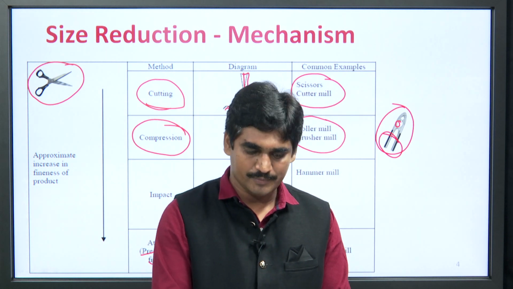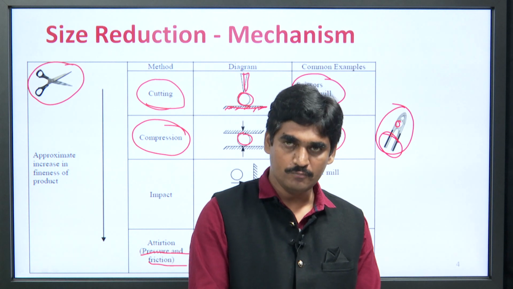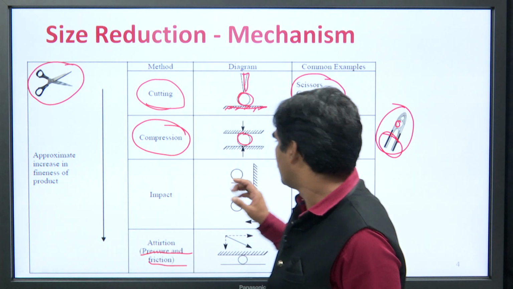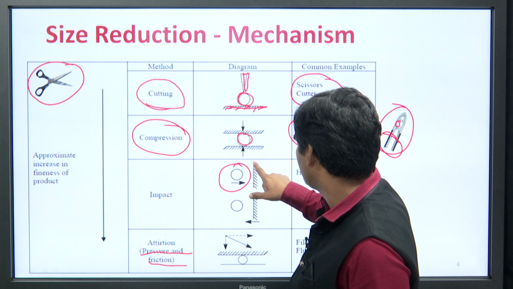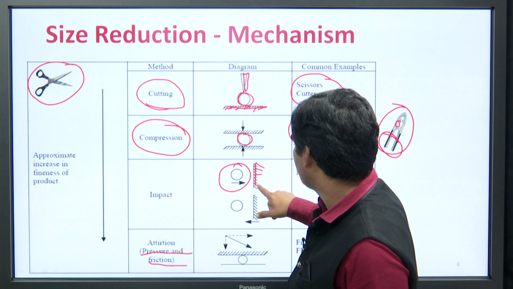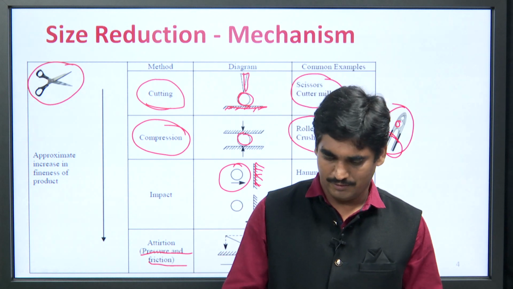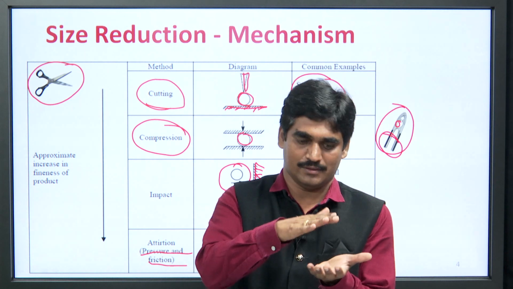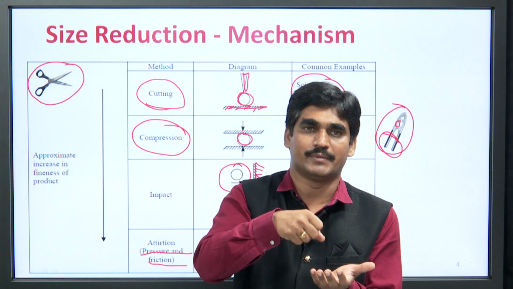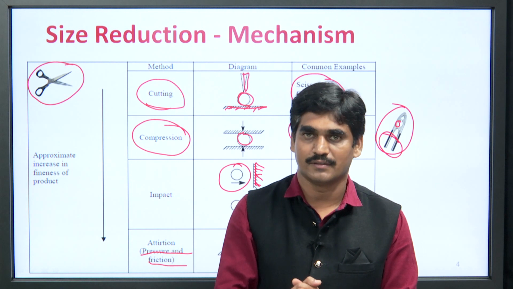This follows the compression mechanism. Third mechanism is impact. Impact means the object is hitting the surface with some pressure. Like if you are placing an object on the ground and hitting it with a hammer, then also size reduction takes place.